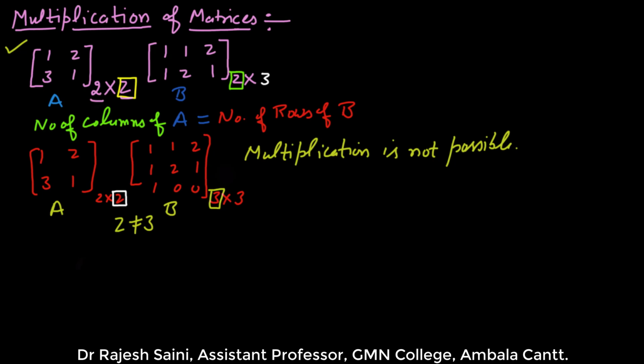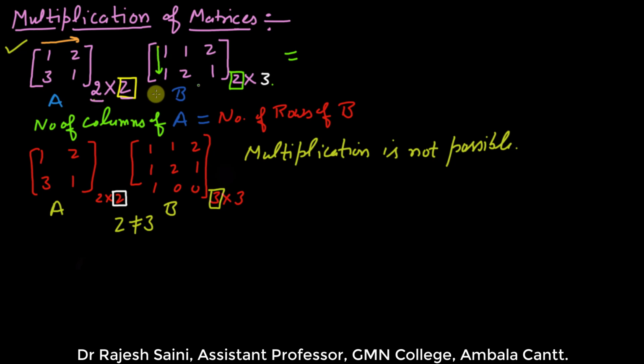Which rule should we follow while multiplying them? We multiply the first row with the first column, and the resultant matrix will be of order 2 by 3.